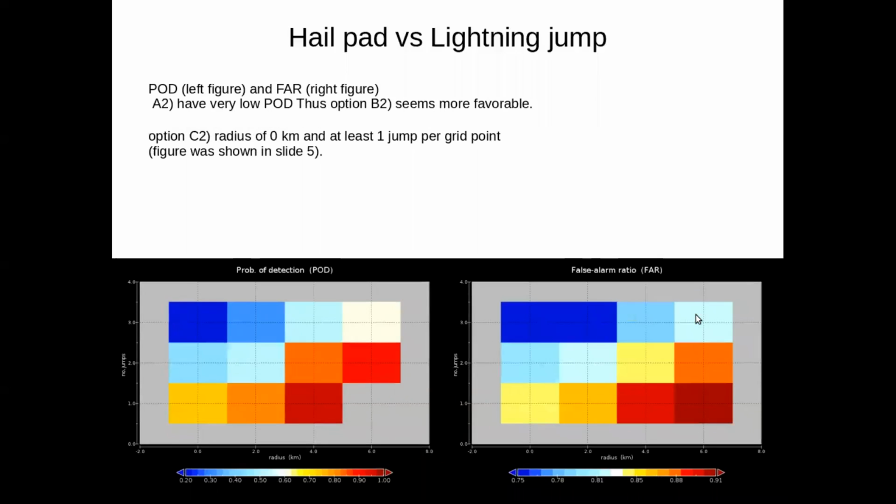So we have to consult other parameters like the probability of detection, which we show on the left figure, and false alarm ratio.